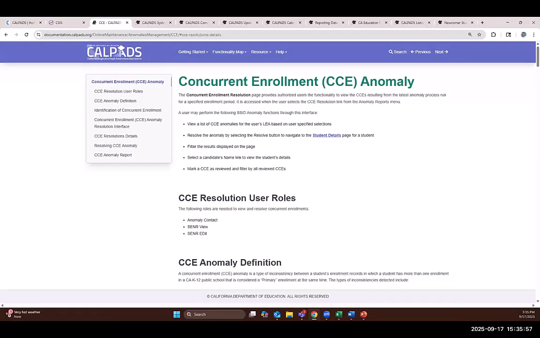Attendance is collected in the PADC. So if you're looking for attendance accounting rules, I would refer to your LEA CBO and what the requirements are. They do differ for a charter school, but what those are offhand, that's not a CALPADS definition because it's not a CALPADS collection.